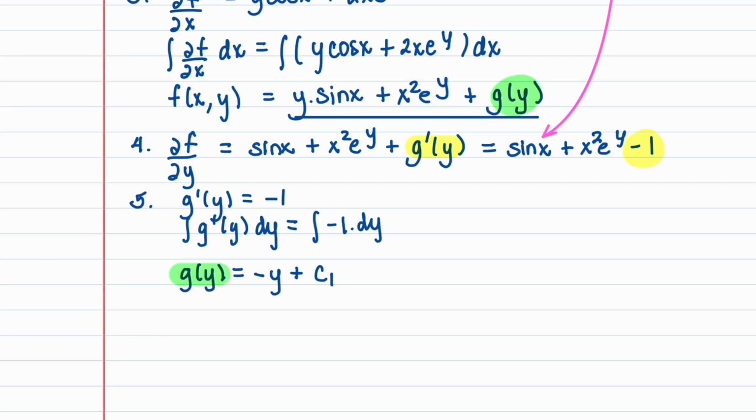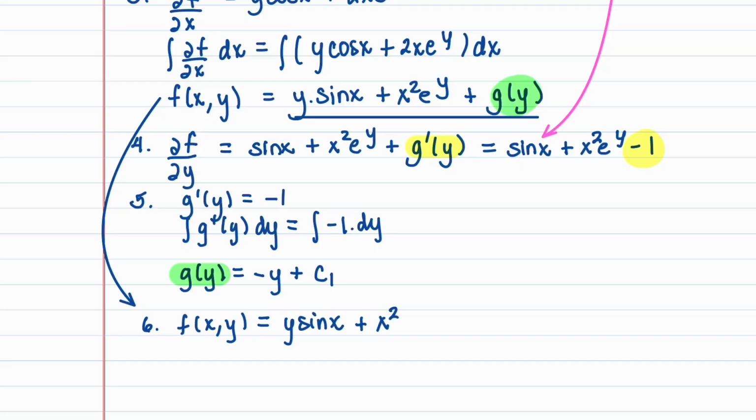We now have g of y, and we can substitute it back into our equation for f back in step 3. Let's take this and bring it down here. And this gives us our step 6. We have f of x, y is equal to y sine x plus x squared e to the y. And now we're going to add in g of y. And that's minus y plus c1.